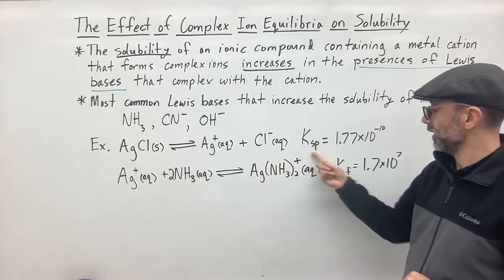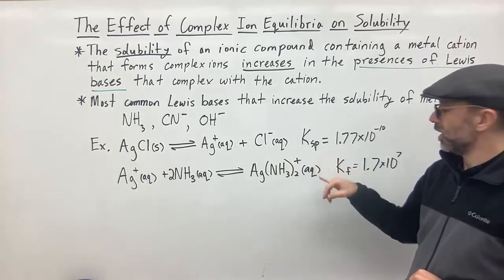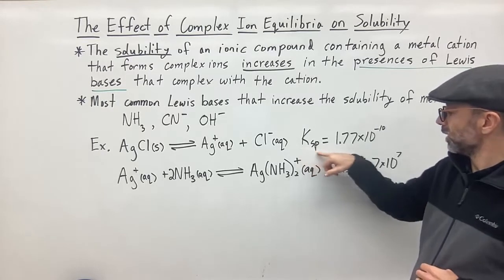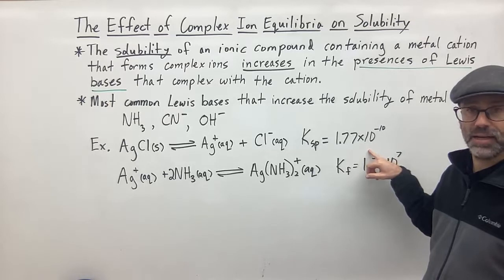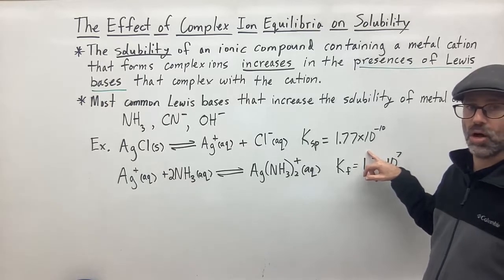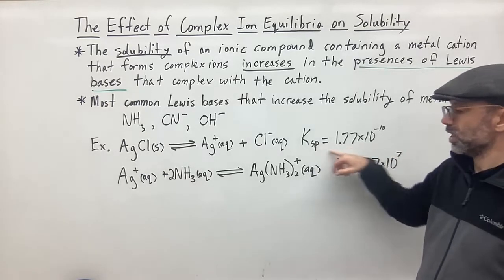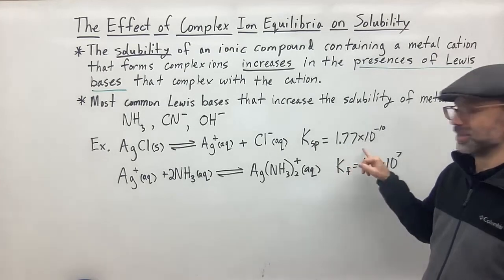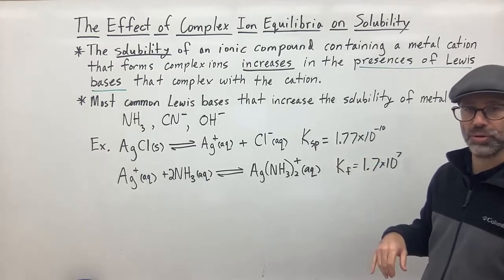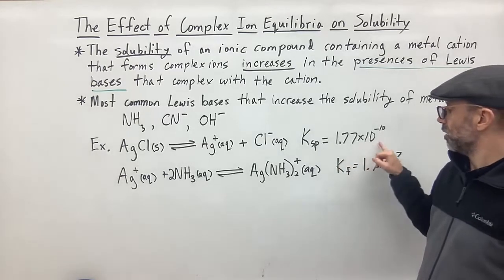And you'll notice here the Ksp, the solubility product constant, is 1.77 times 10 to the negative 10. And this is a really small solubility product constant, and so that indicates that this is not going to be very soluble in water.